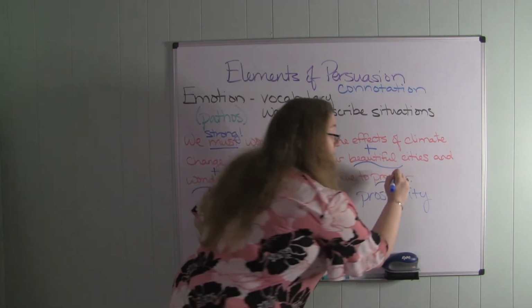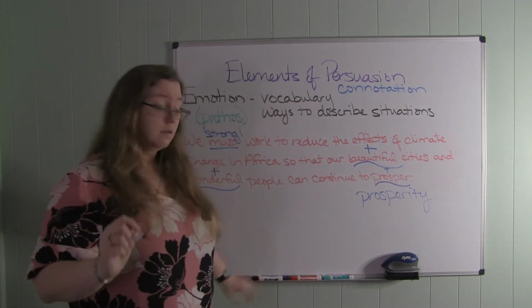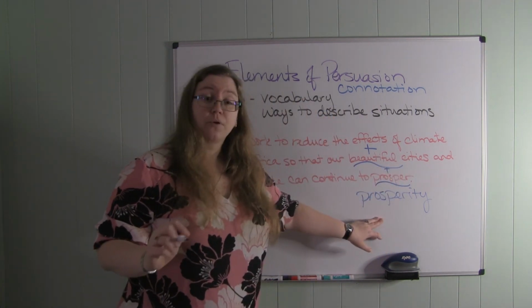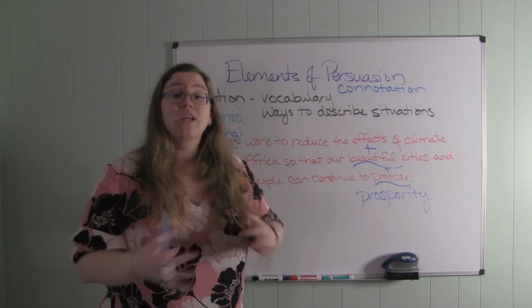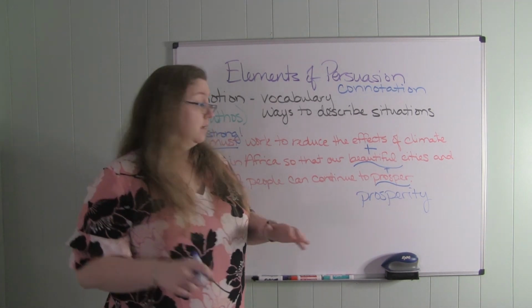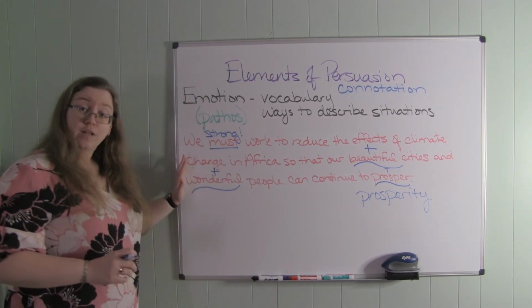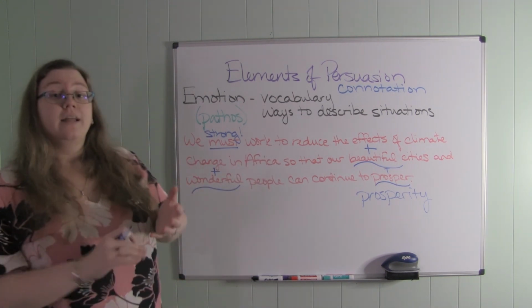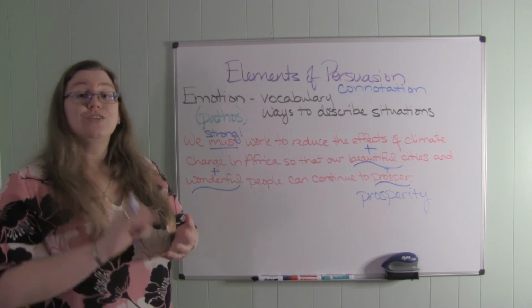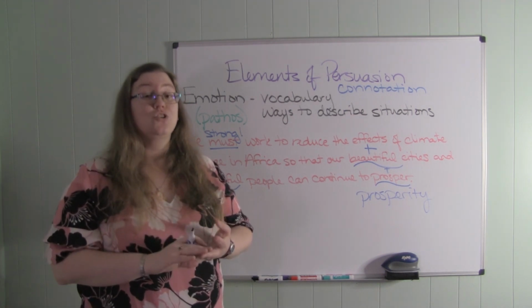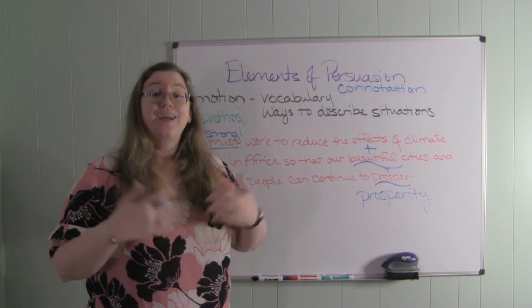Prosper is a positive meaning because prosperity and prosper both mean rich or wealthy. So we want to combat these effects of climate change so that people and cities continue to flourish and continue to do very well now and into the future.